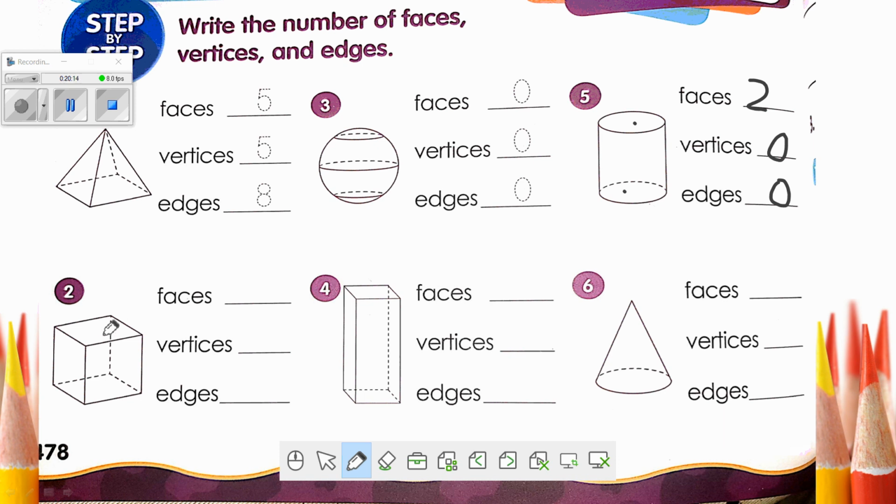This is a cube. How many faces? 1 up, 1 down, 1 on the right, 1 on the left, 1 back, and 1 in the front. So if you count, 1, 2, 3, 4, 5, 6 faces. Now I'm counting the points.